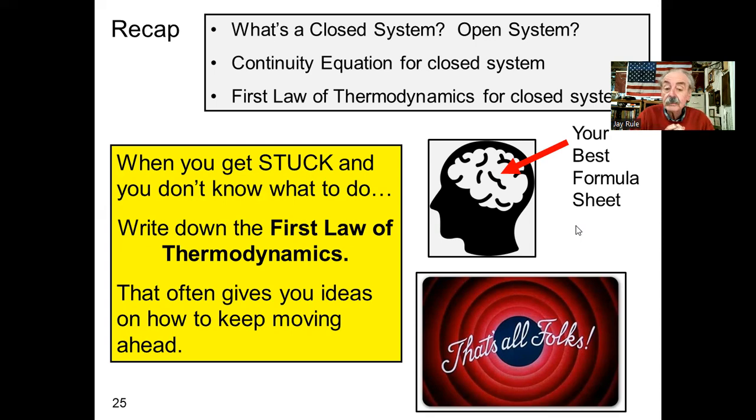And then finally, the first law of thermodynamics for a closed system: Qin minus the work out equals delta E. And that delta E is made up of delta U, delta kinetic energy, delta potential energy. So look, this is your best formula sheet. Your brain is your best formula sheet.